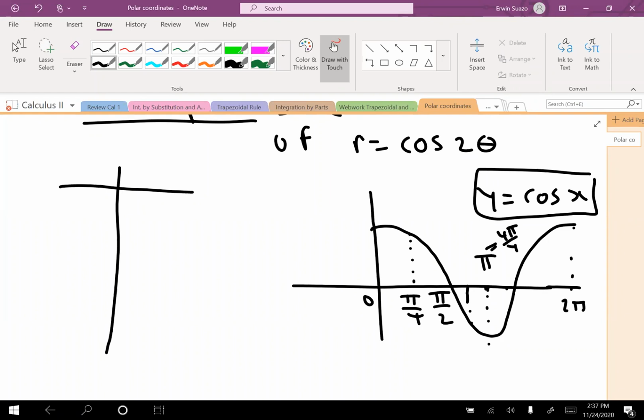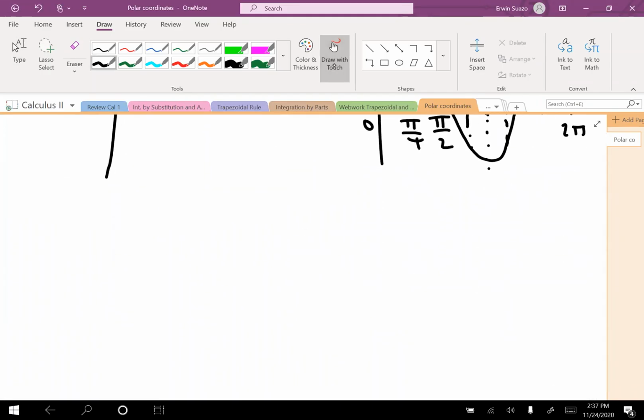Then I have 5 pi 4s that goes here, then 6 pi 4s, that is 3 pi halves, then 7 pi 4s that is going to be here, and then 8 pi 4 that is 2 pi. So remember also that pi 4s goes like this, right? So pi 4s is here.